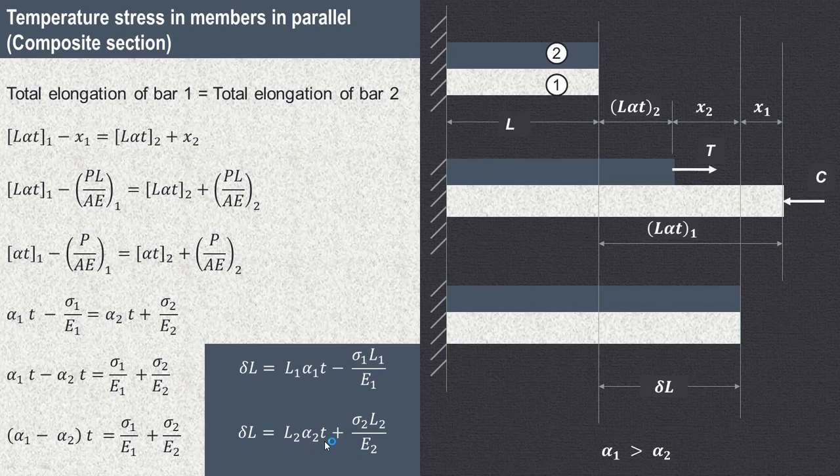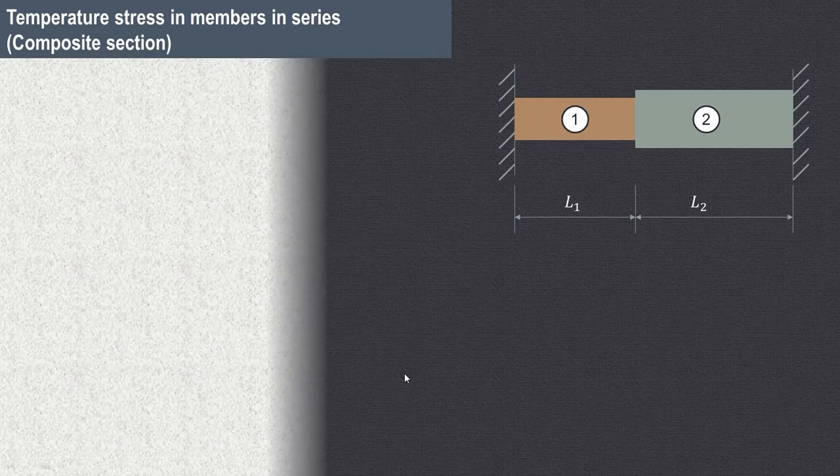So L2 alpha 2 into T plus X2. X2 is P upon A is sigma. So it is sigma 2 into L2 upon E2. So this is the expression for total elongation of bar 1 and bar 2, and this is the final expression in terms of temperature, stress, modulus of elasticity, and coefficient of linear expansion.